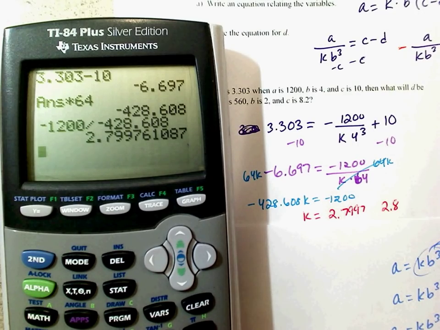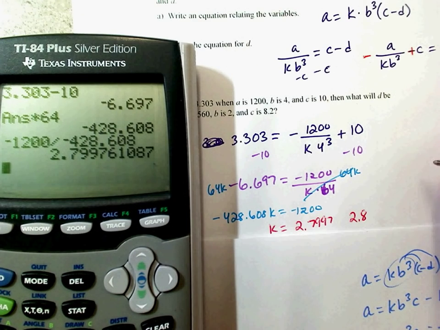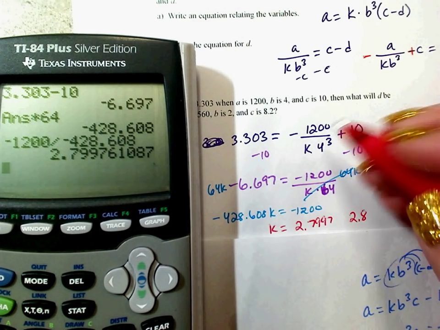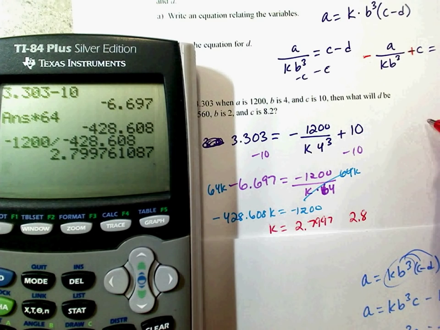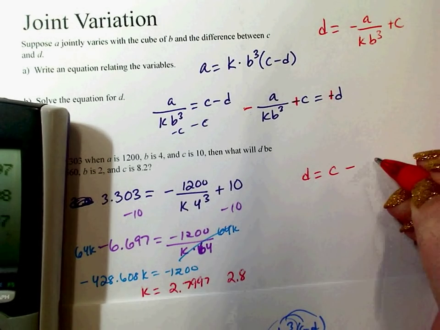Okay, so I've got K is 2.8, so D equals, I'm going to go back to this equation, but I'm going to rearrange it: C minus A over 2.8 B cubed.